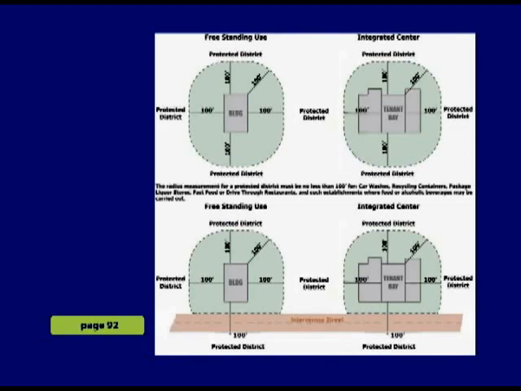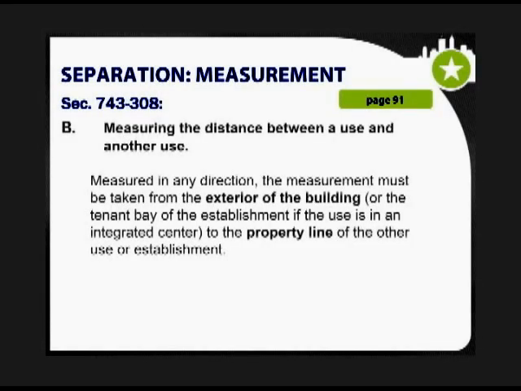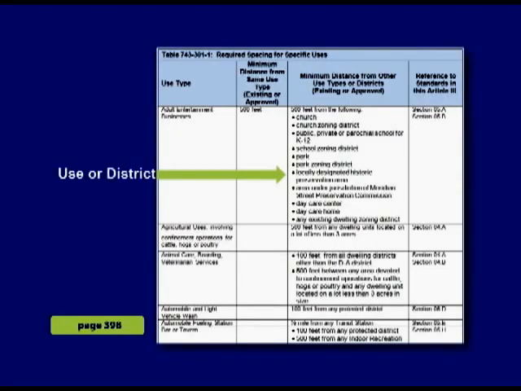And this is from the building to another use because there is no intervening street. Streets don't matter. And that's the way, regardless of what uses you're talking about, if it's on that table, that's the way you measure it.